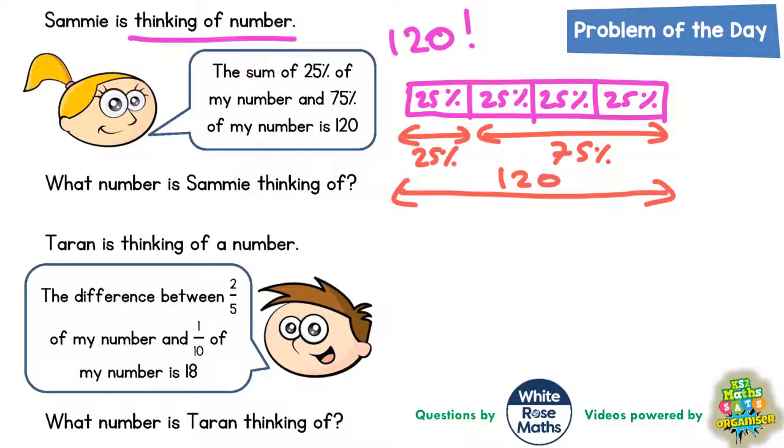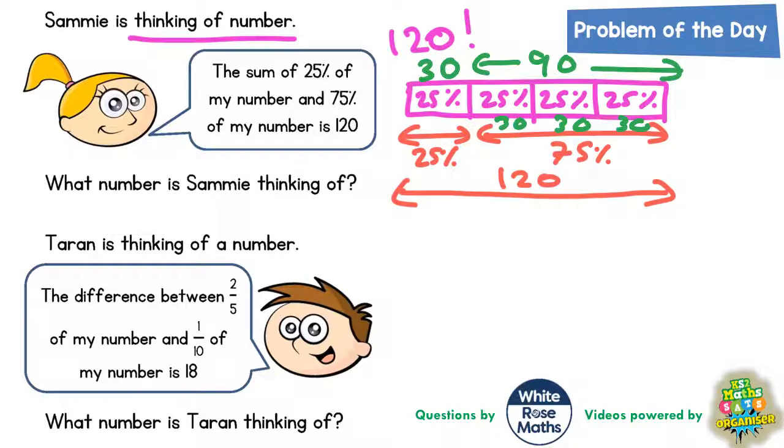25% of 120, or 1/4 of 120, would be 30. And if each bar is worth 30, so 30, 30, 30, the 75% put together must be 30 plus 30 plus 30, which would be 90. Now, if we trace it back to the question, this 30 and 90 makes sense.